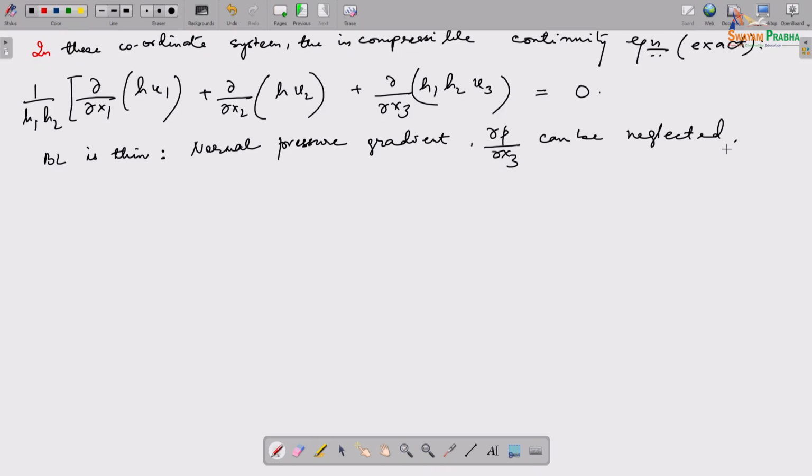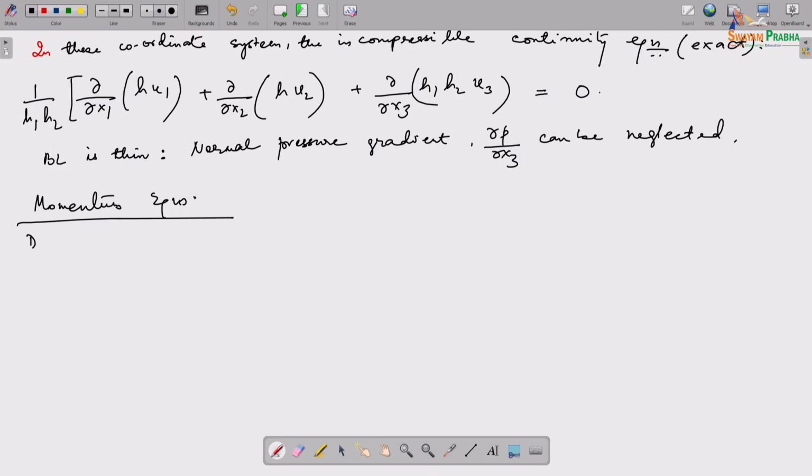So, that is my continuity equation. Now, let us write up the momentum equations. So, these are the momentum equations.